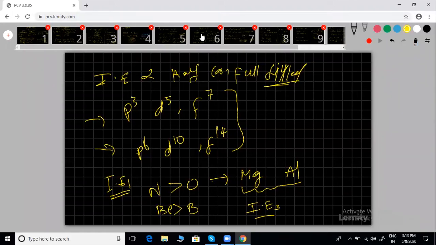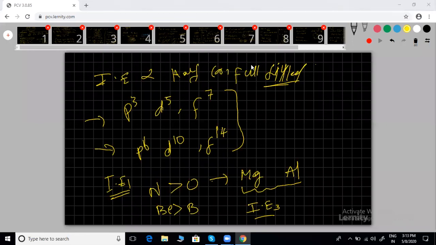Only one element symbol you can write, magnesium or aluminum. Are you people listening or sleeping? Highest IE3 value. Correct, magnesium. Fine.